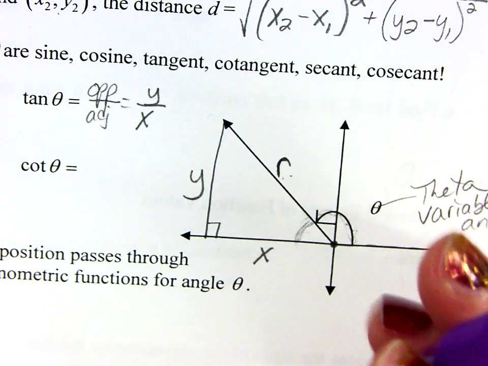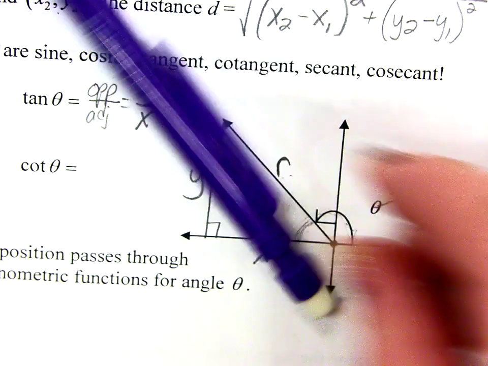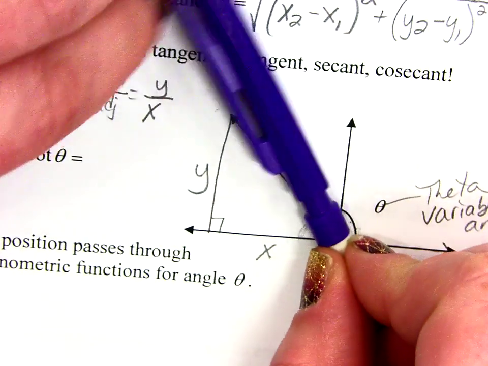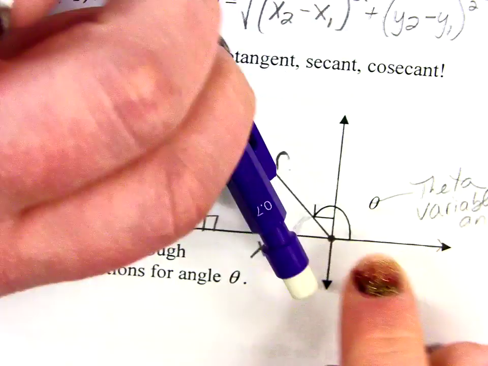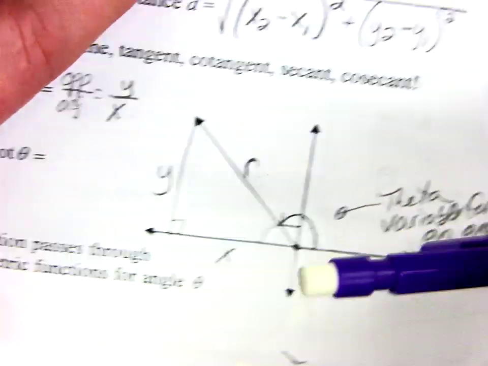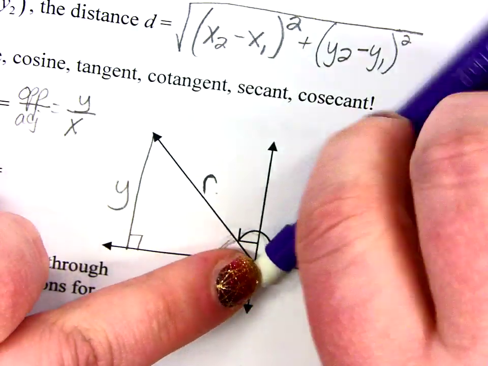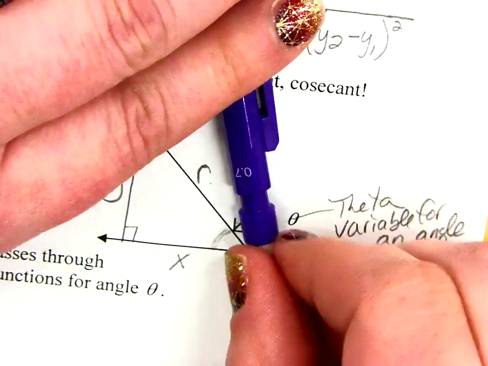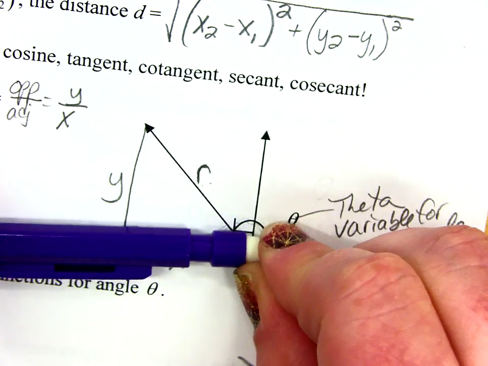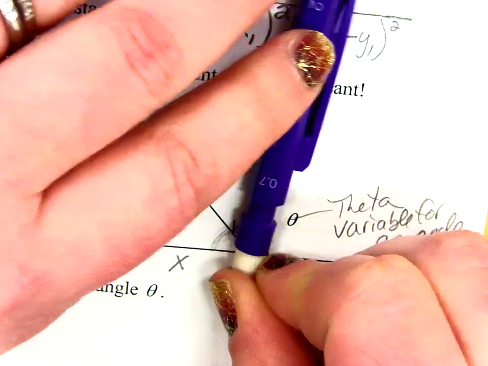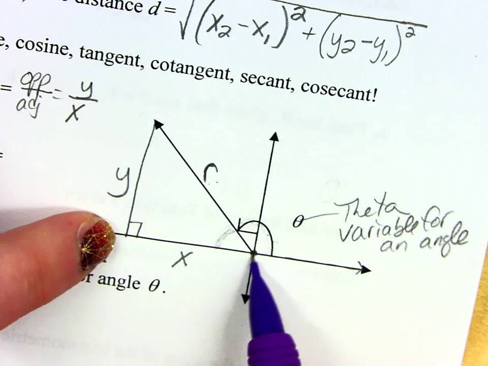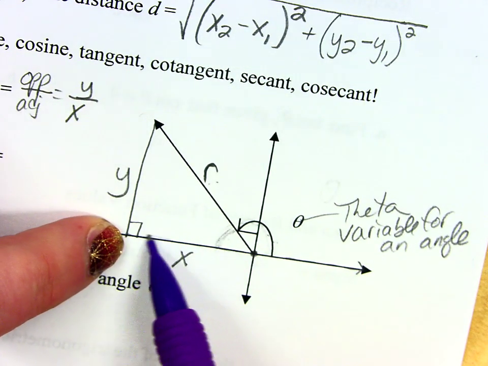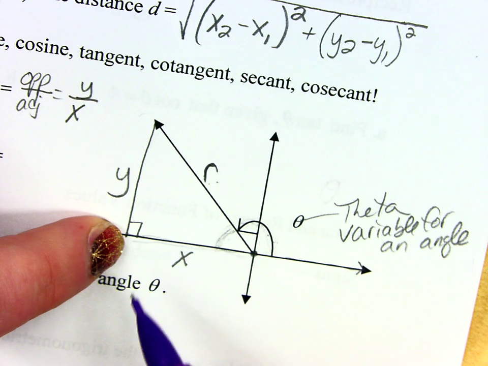Imagine this terminal side here as a thing that can move around, right? The initial side stays here, but then that terminal side can really go wherever I want to put it. Could you imagine a location where this terminal side could land so that x would be 0? Remember what x is? It's this distance. Could it ever be 0? Yes.